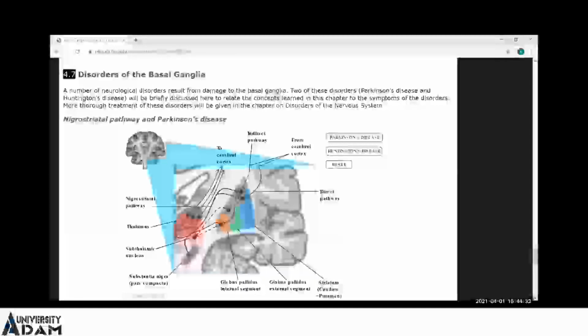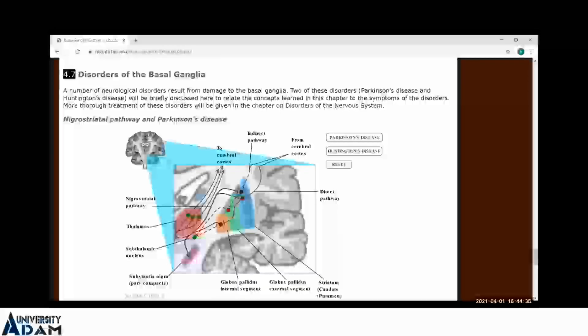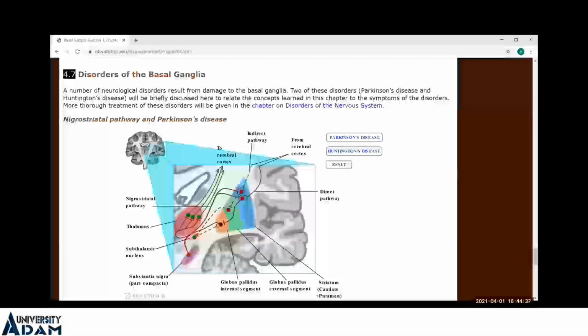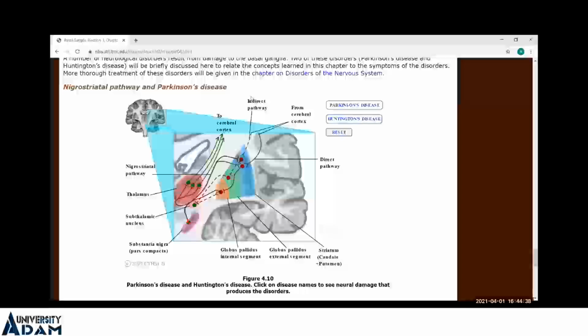So we can say a number of neurological disorders result from damage to the basal ganglia. We divide extrapyramidal disorders into two types: Parkinson disease and Huntington disease.